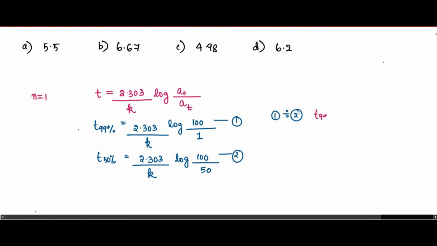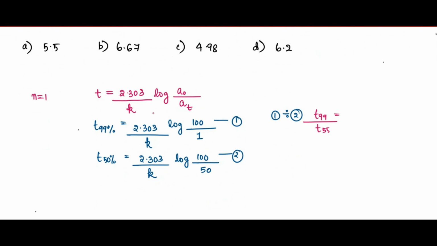So T99 divided by T50 is equal to 2.303 by K cancelling with 2.303 by K. And what remains? You have log 100 by 1 divided by log 2. What is log 100? Log 100 is 2.